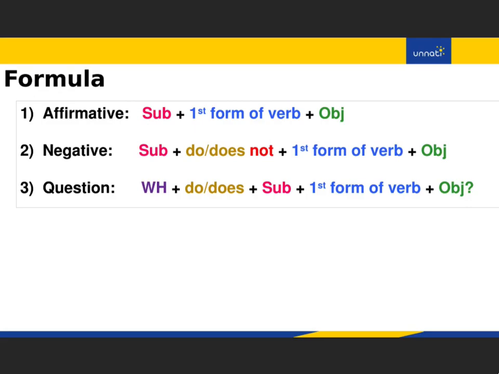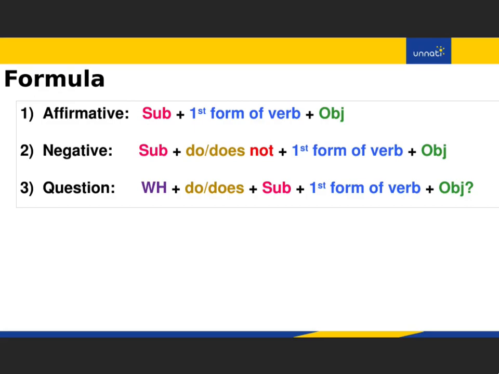So to make it a question, it starts with a WH word or a question word, which is usually an object question. So what does he play? Or what do I play?